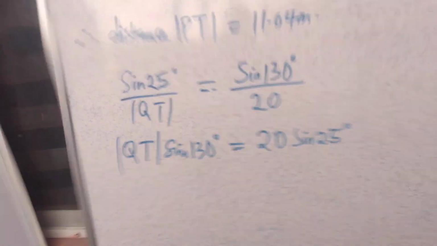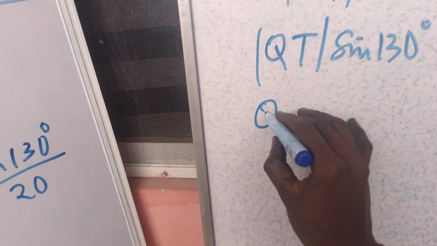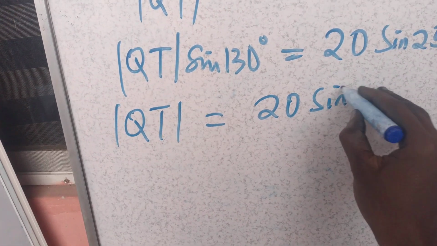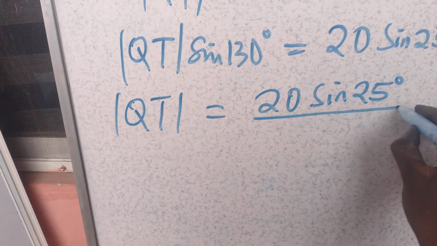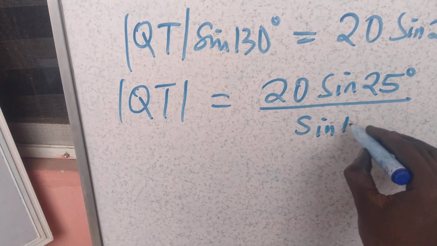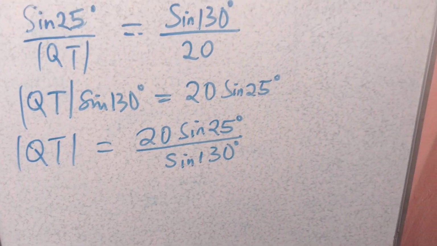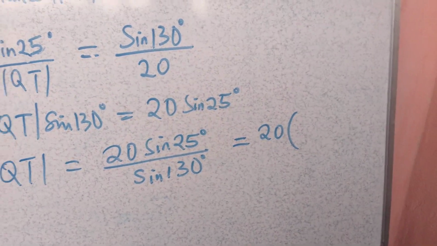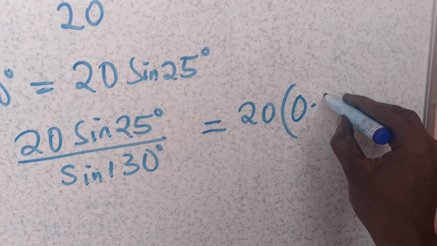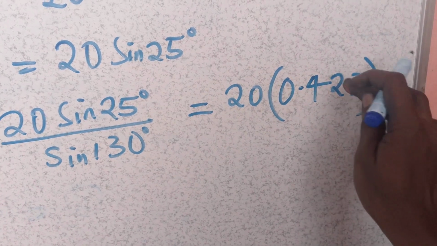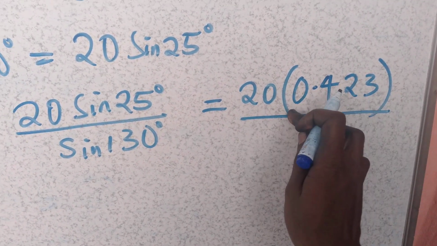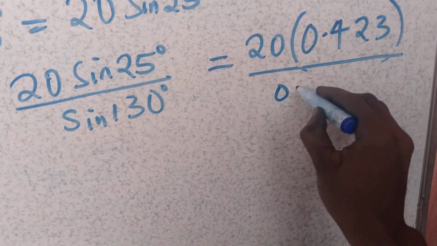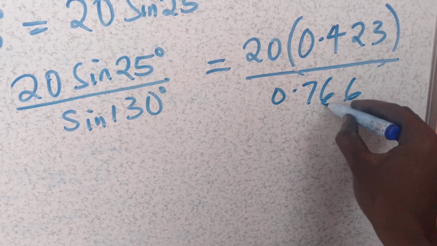Okay, so if I divide by the coefficient of qt, distance qt is equal to 20 sine 25 degrees divided by sine 130 degrees. This will give me 20 times sine 25, which is 0.423, divided by sine 130, which gives me 0.766.